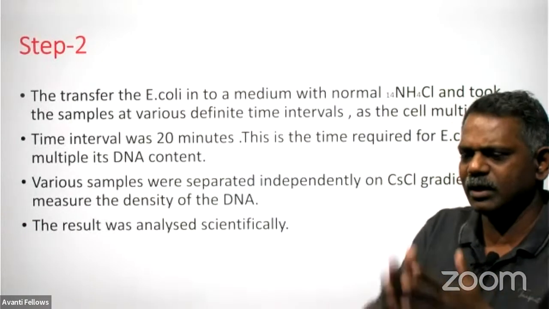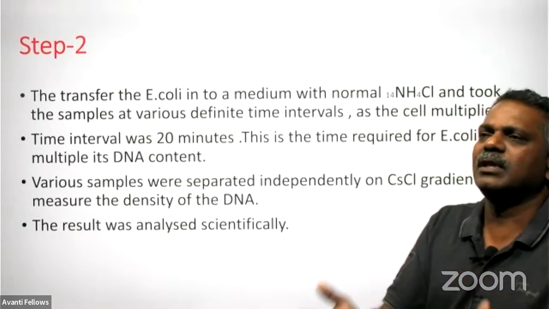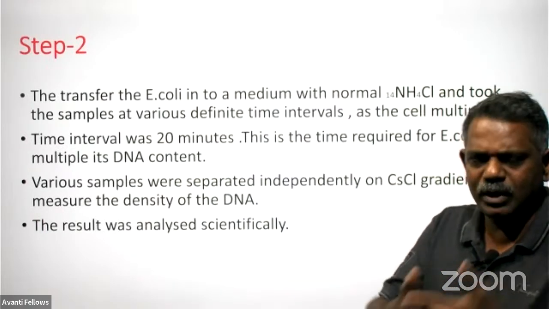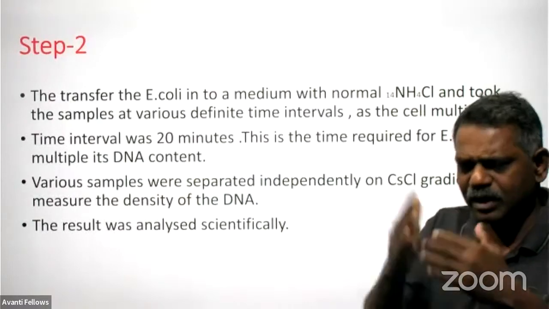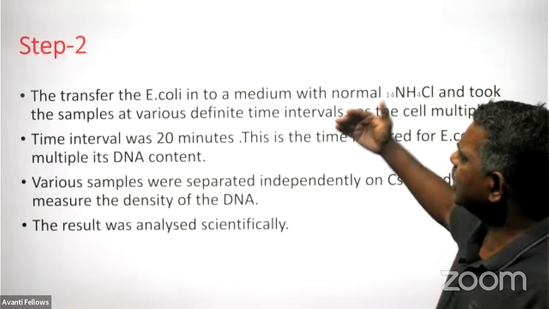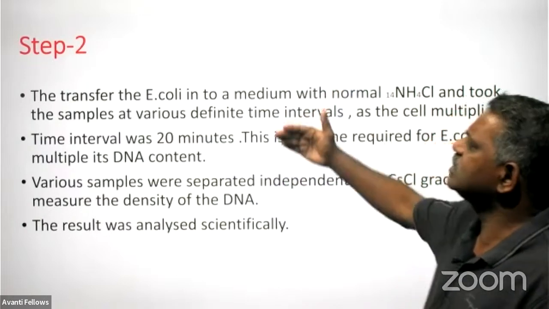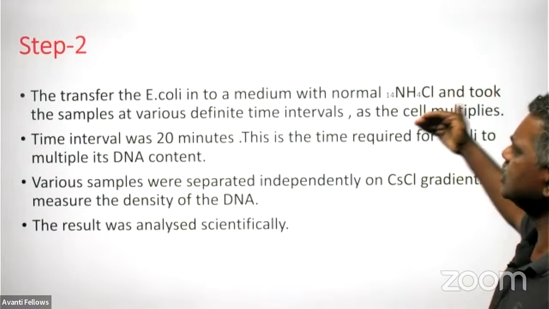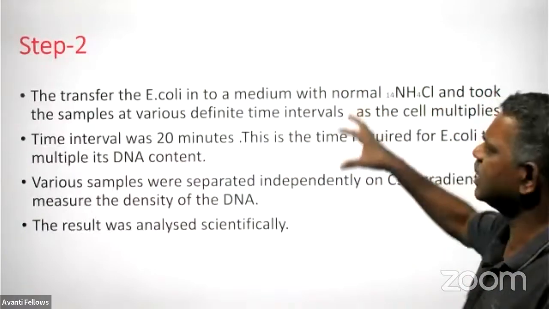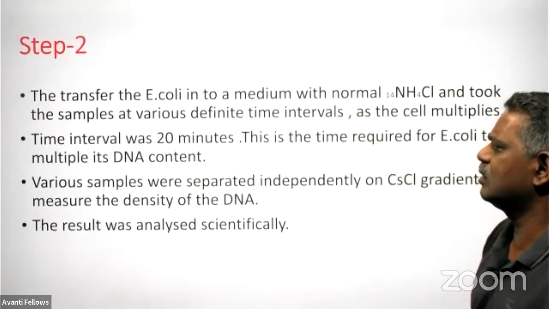And every 20 minutes, what happens? It goes for DNA replication. Through DNA replication only, it is able to multiply the genetic material. Then only it will divide. So they took samples of this E. coli from the normal ammonium chloride solution at a definite time interval, that is 20 minutes only.